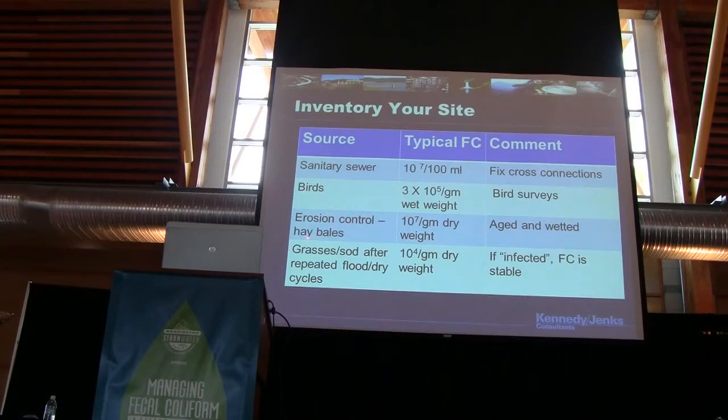Then erosion control bales. They're using hay bales. They used over 1,800 hay bales around the watershed to prevent sediment erosion into the drinking water reservoir. We found that Klebsiella was the culprit, and we found that after being wetted, as much as 10 to the 7th per gram dry weight from the hay was the source.